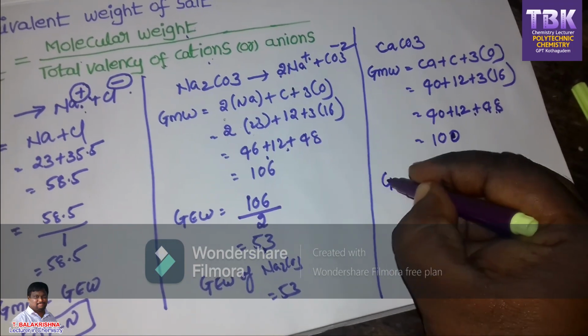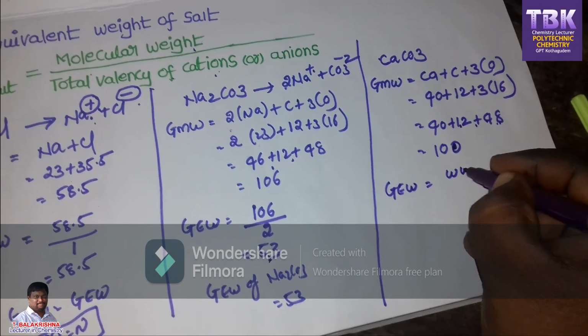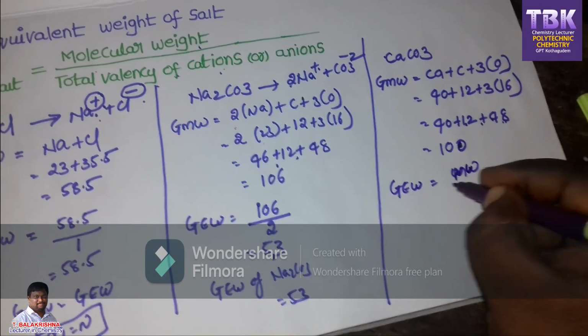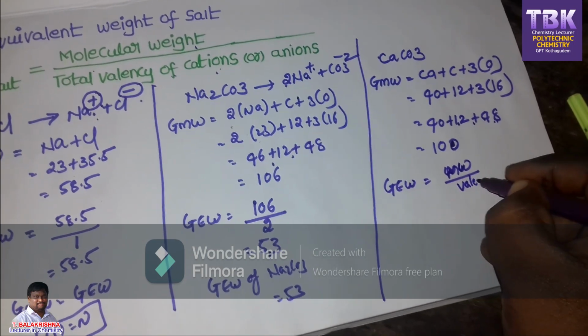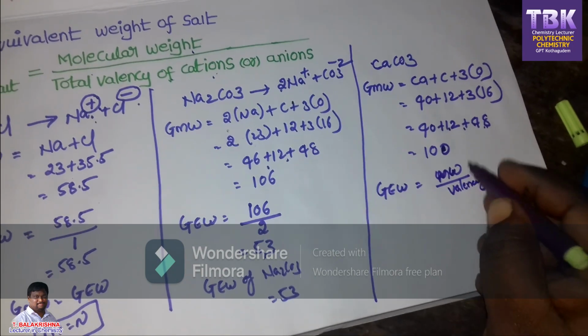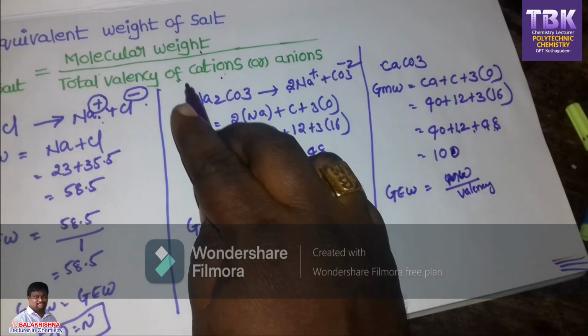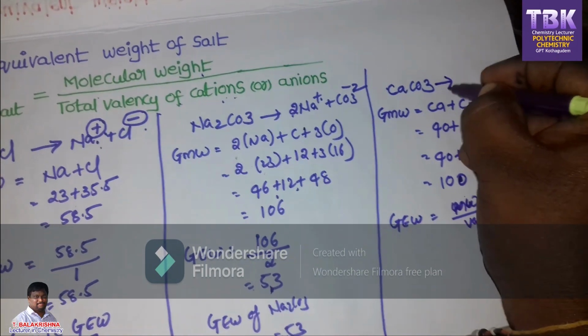If you want to find the gram equivalent weight, it is molecular weight by valency. What is the molecular weight? 100. Valency means total number of cations or anions. So how many positive charges?